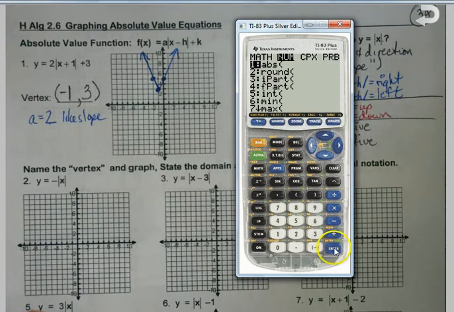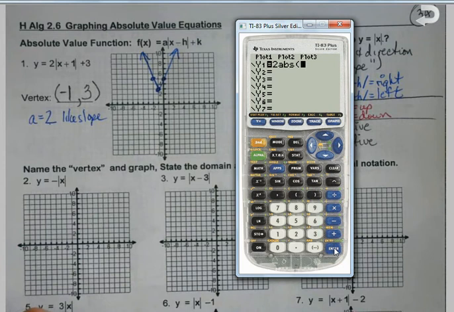So I would hit enter at this point. Whatever I want inside the absolute value is what I put in this set of parentheses. So x plus 1, make sure you close it up, and then plus 3. So that says 2 times the absolute value of x plus 1, plus 3.